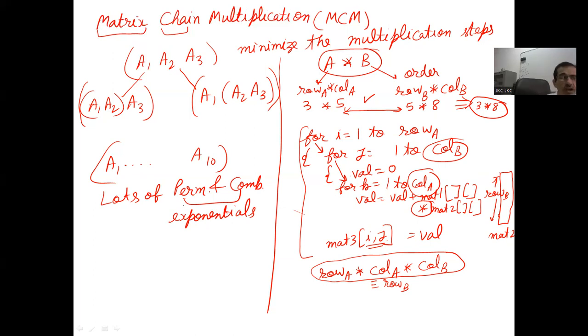Whether it has overlapping subproblems or not, we will understand. If they have overlapping subproblems and divide and conquer can work, then we will go towards DP. But let's see why the answer for A1, A2 multiplied with A3 later will be different than A1 later and A2, A3 multiplied first.